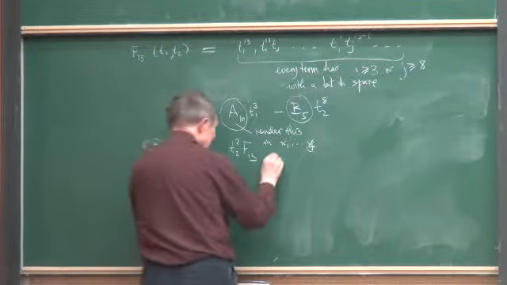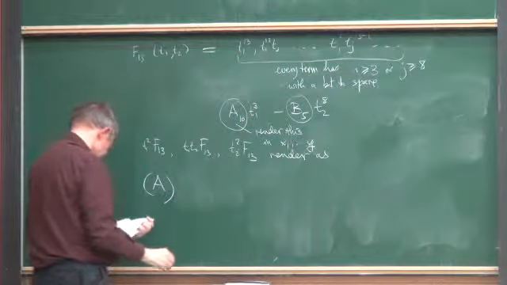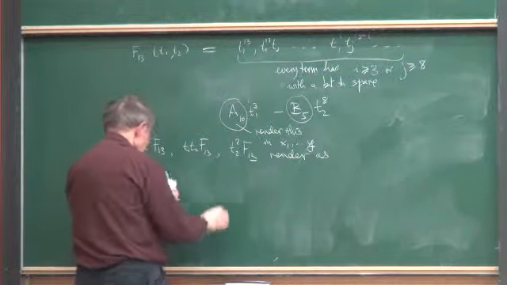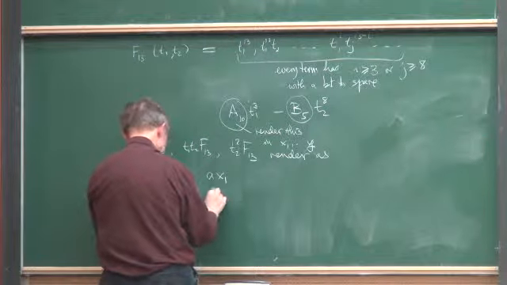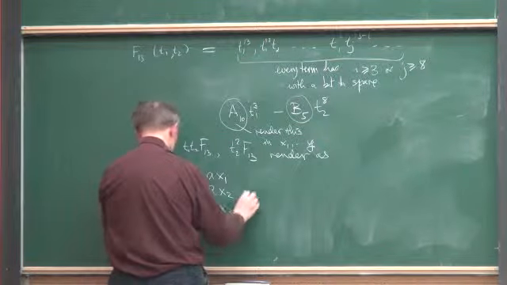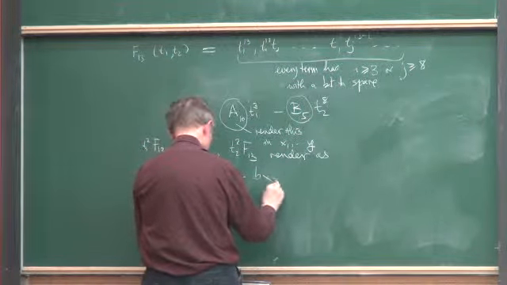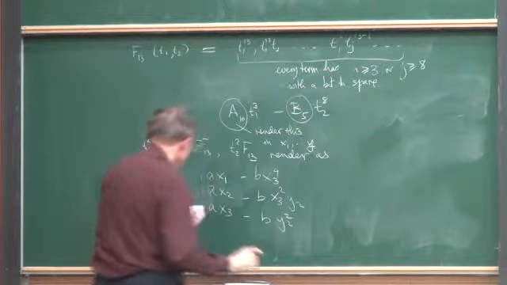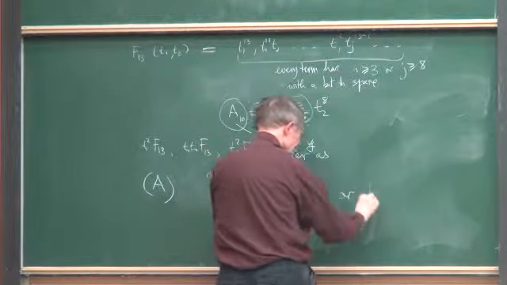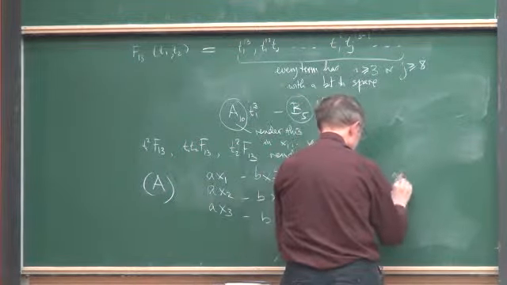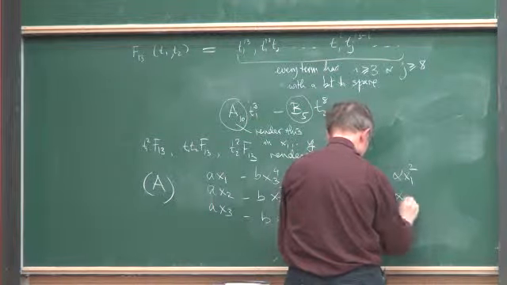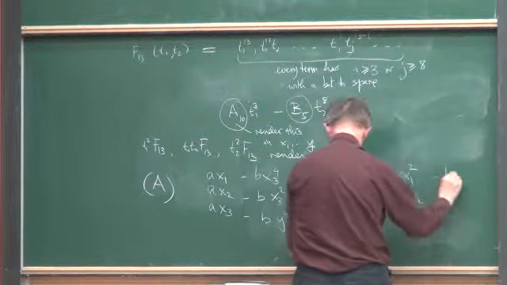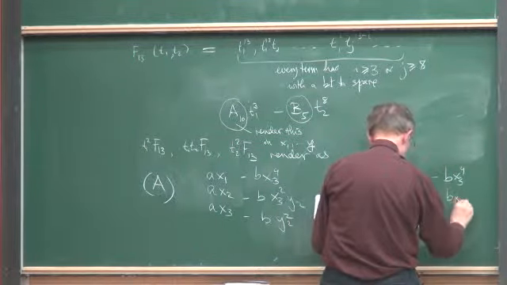I can render them as A x1, A x2, A x3 minus B x3 to the 4th minus B x3 squared y2 minus B y2 squared, or as B alpha x1 squared, alpha x1 x2, alpha x3 squared, and then minus B x3 to the 4th minus B x3 squared y2.